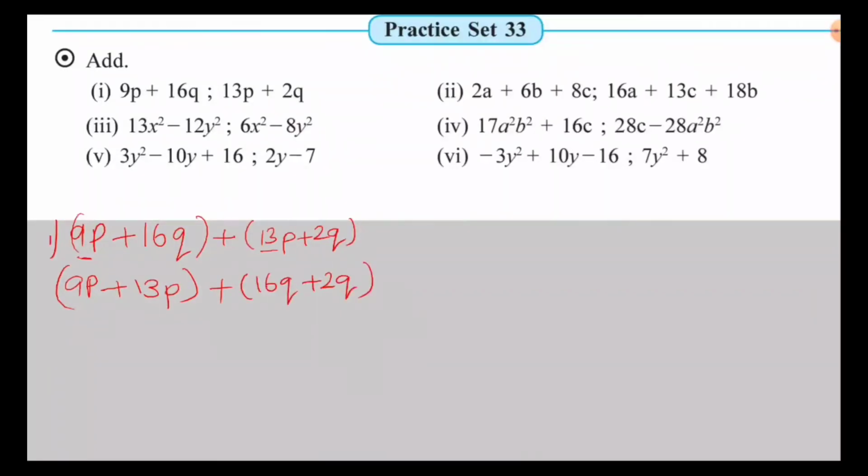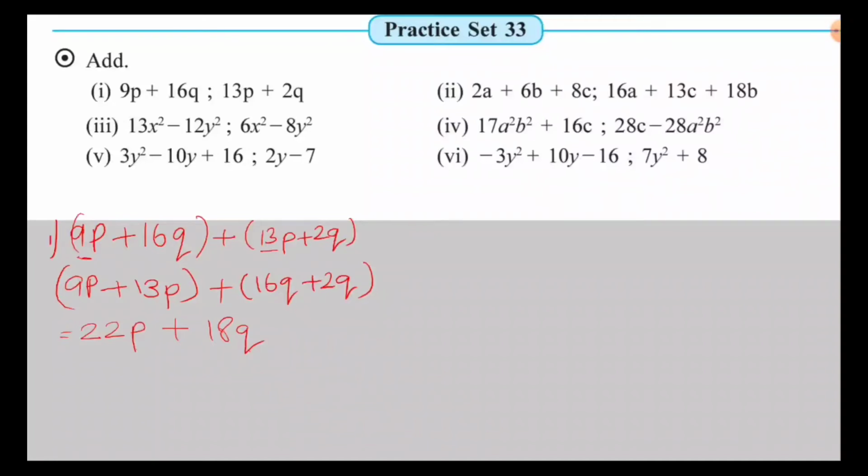So 9 plus 13 will be 22p. 16 plus 2 will be 18q. That's it. This is the answer. Now p and q, these variables are different, so you can't add 22p and 18q. Always remember, if the variables are not the same, their terms are not like terms, and if they are not like terms, you can't add them.